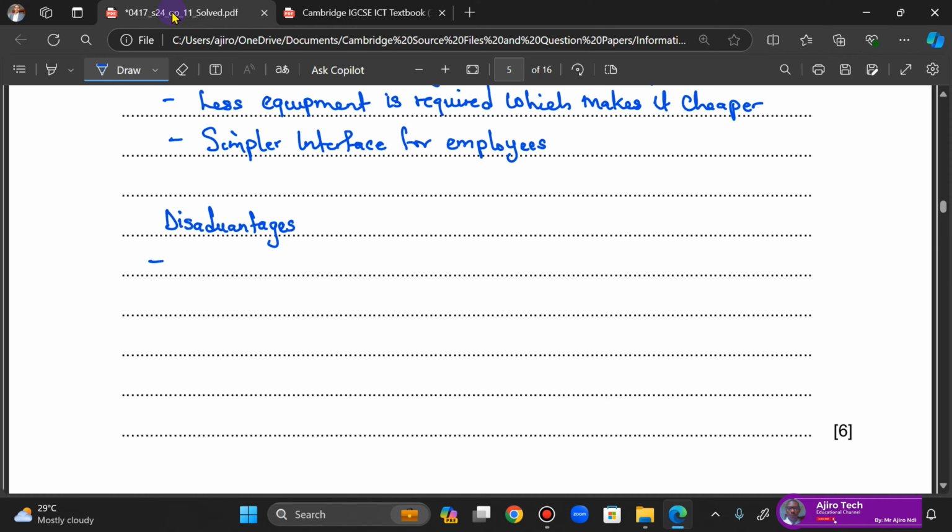You can't see how they are expressing themselves. What you can just hear is their tone, right? So: cannot see the body language of the employees in the conference.